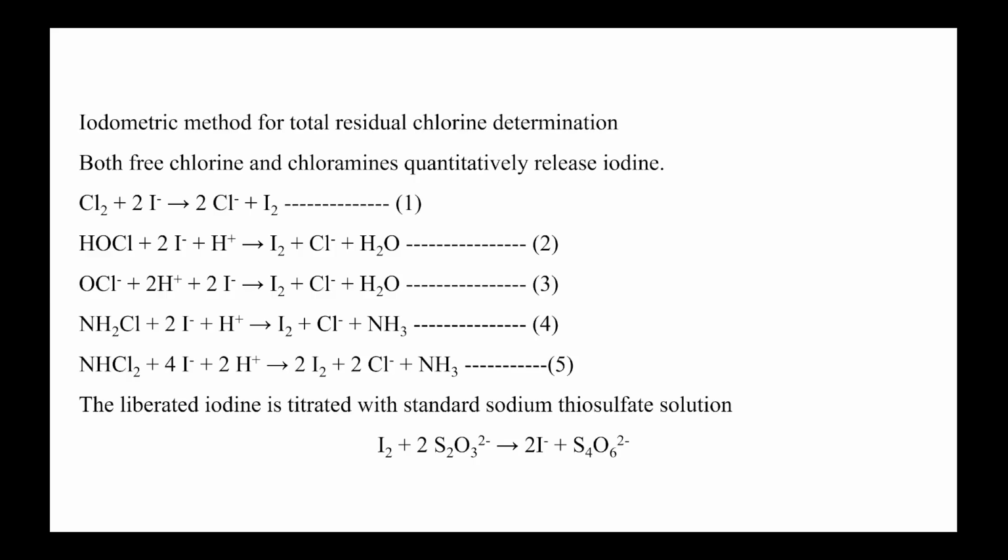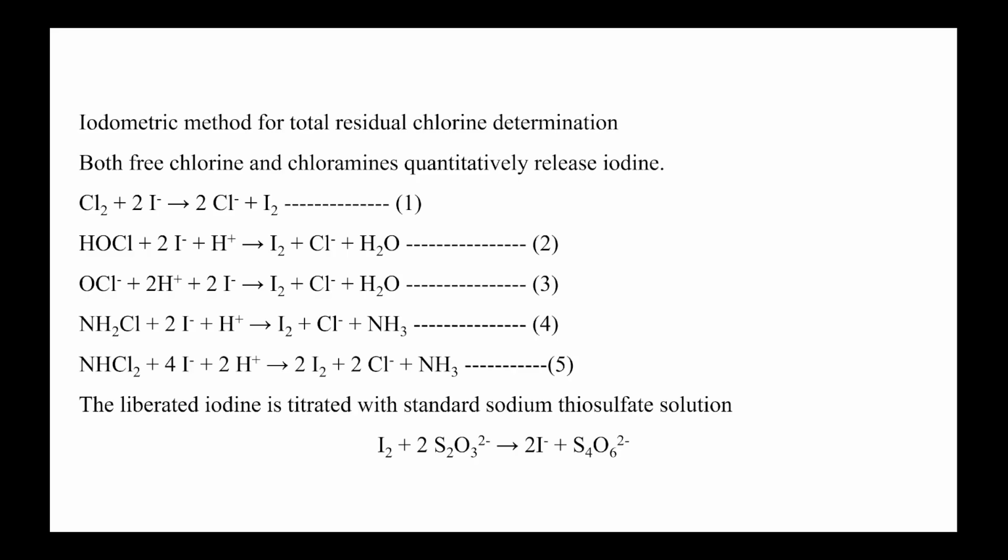So if we have taken a water sample which we have chlorinated, now we want to determine the residual chlorine concentration so that we can calculate the chlorine demand, right? So how will we calculate the residual chlorine concentration? For that we do iodometric titration, where the free chlorine and the chloramines that are present will quantitatively release iodine.